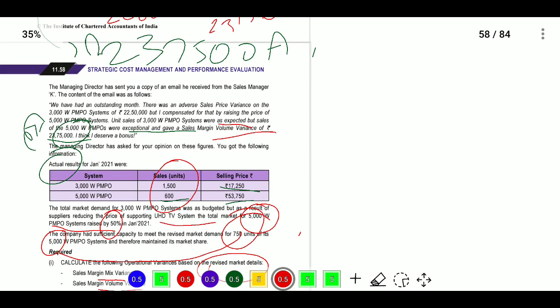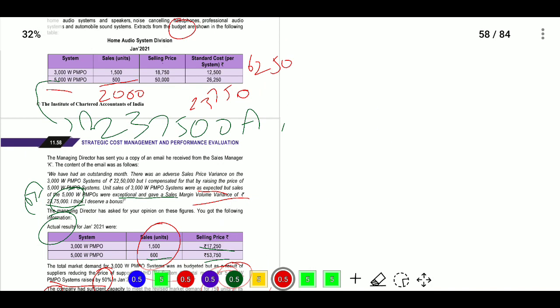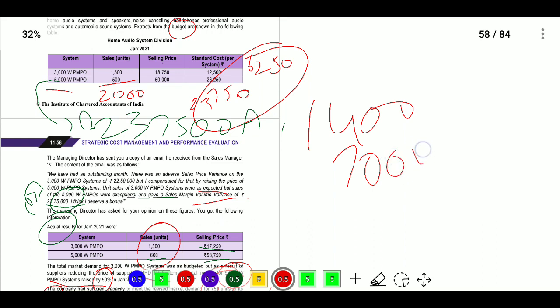After the revised actual quantity, based on that revised actual quantity, we will multiply with this contribution. Okay, the revised actual quantity total will be 2100, and for 2100 we take the revised quantity: 1400 for the 3000 units, and in case of the 5000 it will become 700.